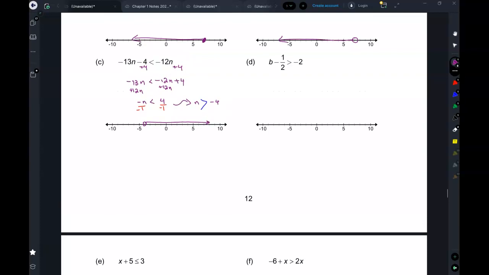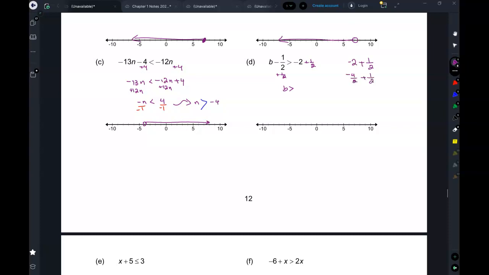Okay, what am I going to do for the next one? Add a half. Okay, so b is greater than, how much is negative 2 plus a half? Negative 2 is negative 4 over 2, right?